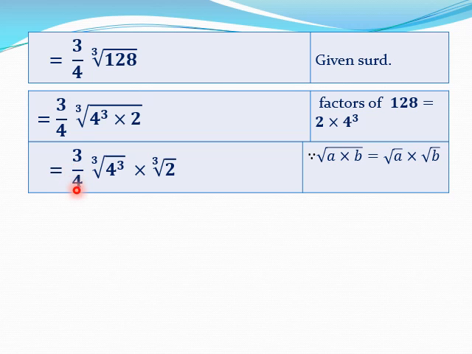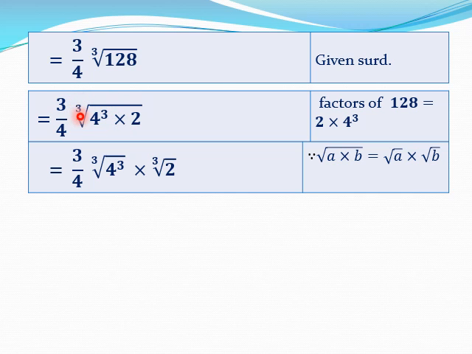Now 3 over 4 into cube root of 4 raised to power 3 into 2. Again these numbers are in product form with the same order, that is 3.